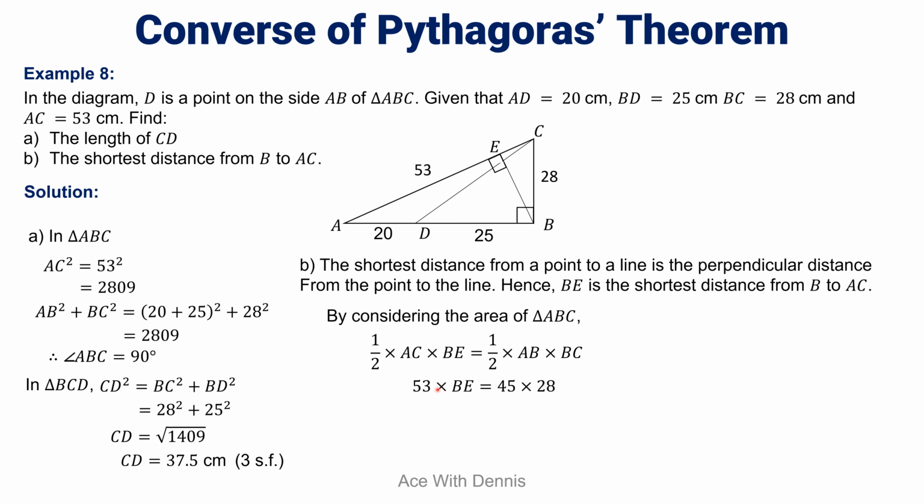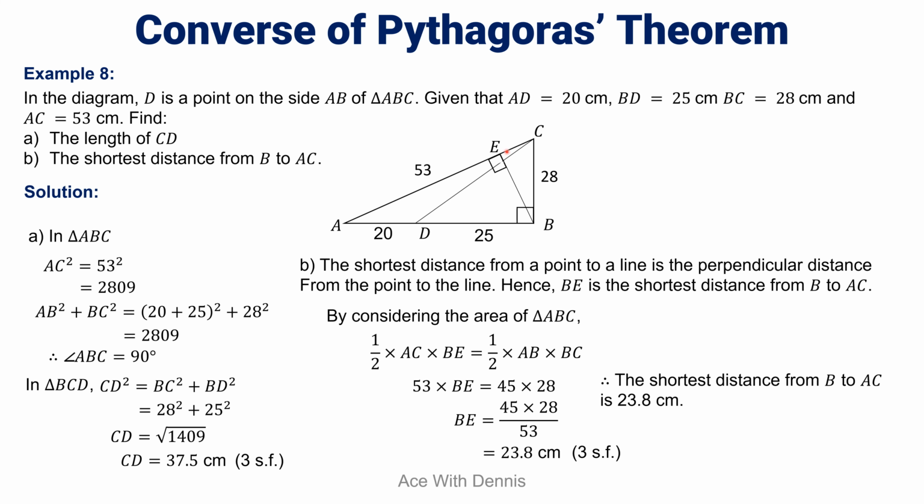So I have this equation, 53 times BE equals 45 times 28. Hence BE will be 45 times 28 divided by 53. Calculate the value. It is 23.8 centimeters rounded off to 3SF. So this will be the length, which is also the shortest distance from B to AC. The value is 23.8 centimeters.